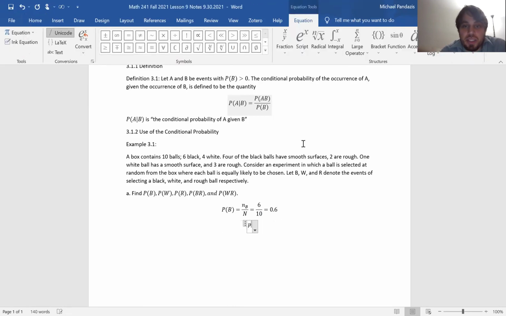The probability of a white ball is the number of white balls, 4, divided by the total number of balls, 4/10, which is 0.4.